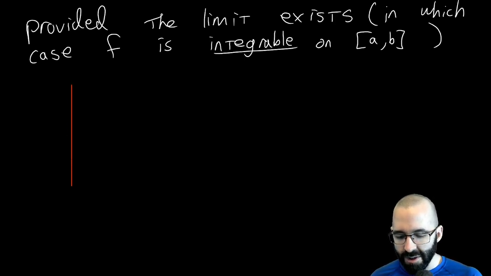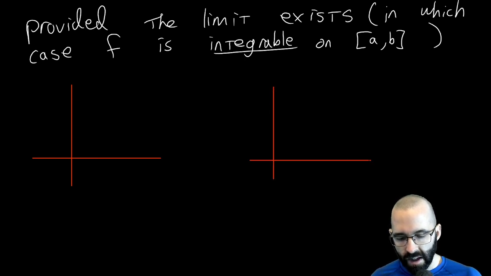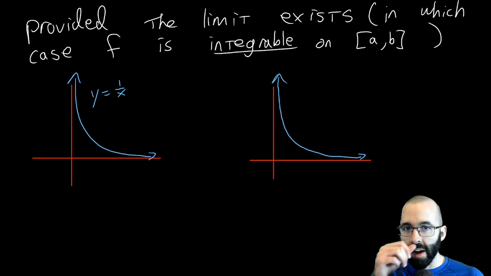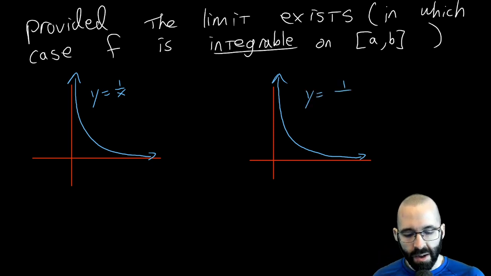To do that, let's look at 2 functions. Okay, let's look at the function 1 over x and a very similar function that is so similar I can't even draw the differences. It's got a slightly different shape, but y equals the square root of 1 over x.